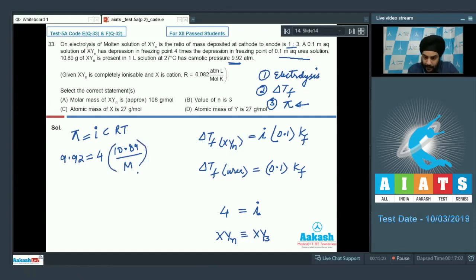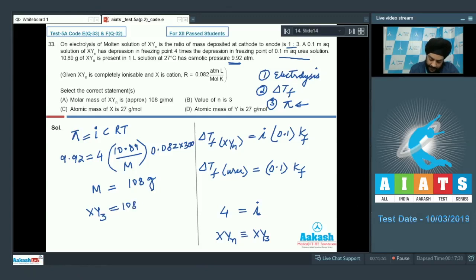Let us assume it to be M, into R. The value of R is 0.082 and the temperature given to us is equal to 300 Kelvin. On solving for the value of M from this expression, we have the value of M equal to 108 gram. So the molar mass of XY3 comes out to be equal to 108 gram.